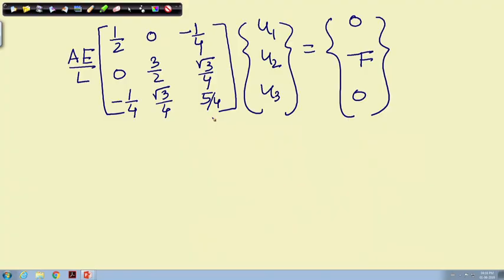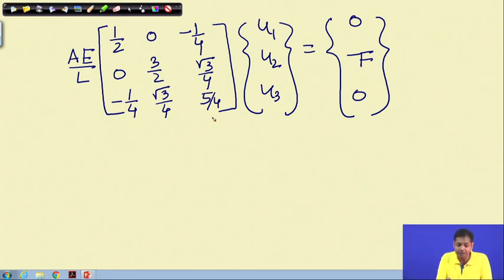So, when you write this stiffness matrix, it means you have already enforced the boundary conditions, and that is why the structure is now stable, and that is getting manifested as a non-singular stiffness matrix.